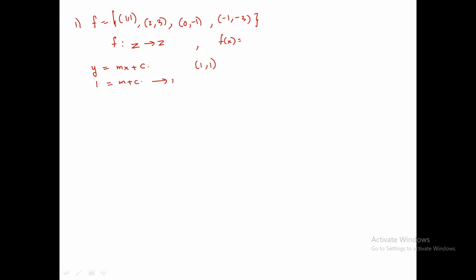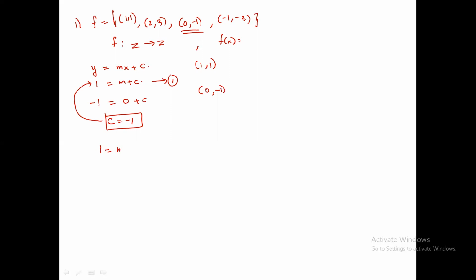This is equation 1. Now we know that x is 0 and y is -1, so we can put y as -1 and x as 0: -1 = 0 + c. So c is -1. Once you get c, you can put c in equation 1.